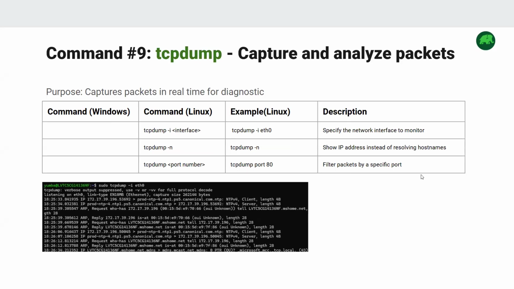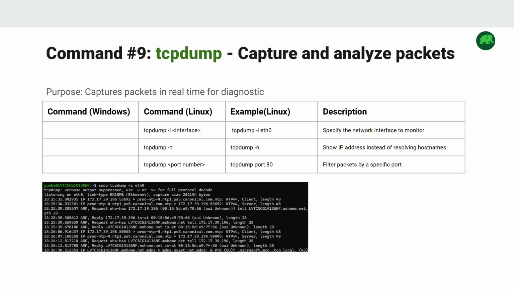Command number 9 is tcpdump, capture and analyze packets. So this command captures packets in real time for diagnostics. We have tcpdump -i, small letter i, with an interface, specify the network interface to monitor.